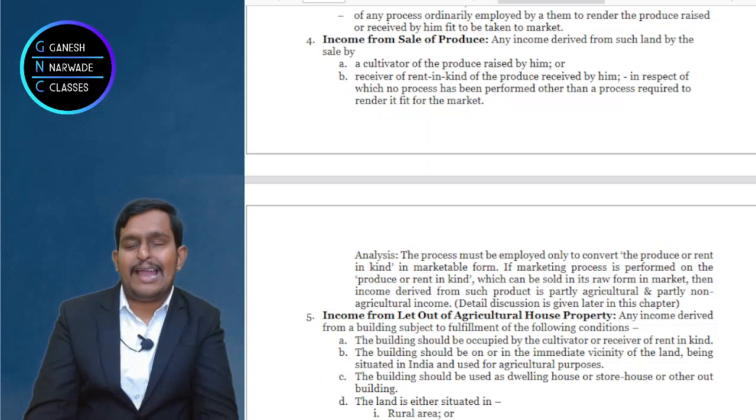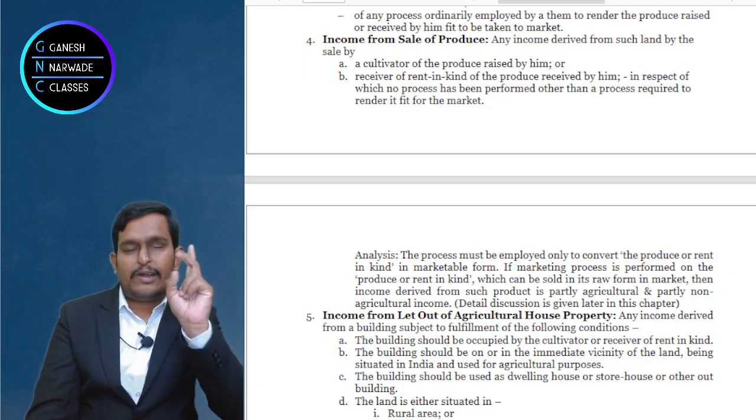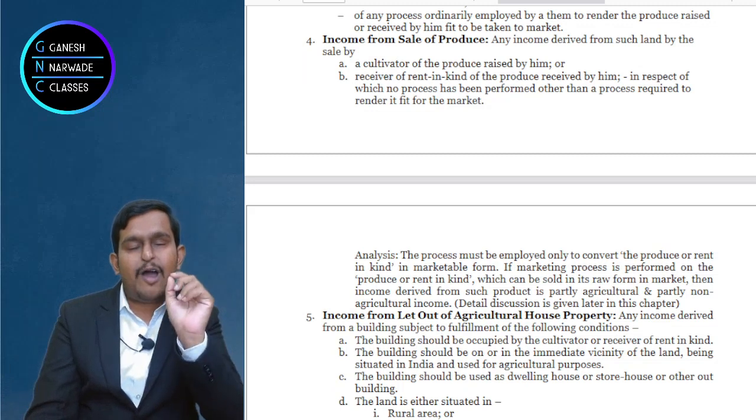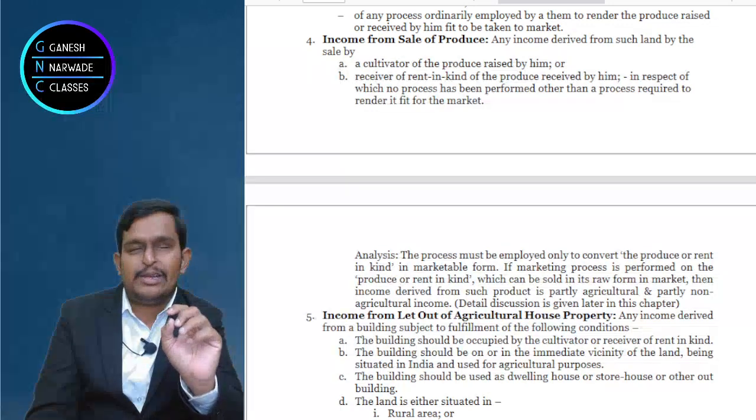If the landowner is occupying the building, then he should stay in the building. And if it is a cultivator or receiver of rent in kind, he should stay in the building. If they occupy the building, that's enough. For the cultivator, for the receiver of rent in kind, if they stay in the building, that's enough.